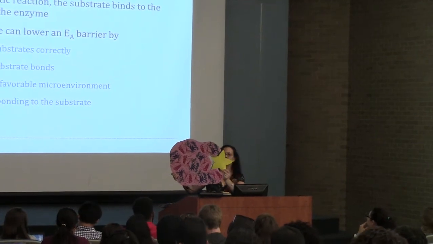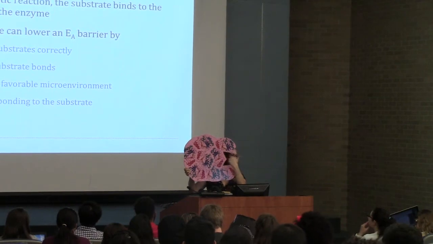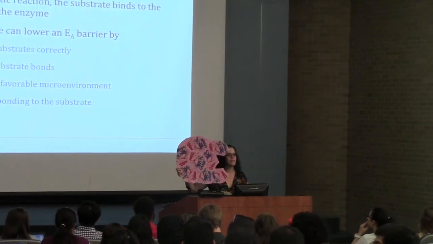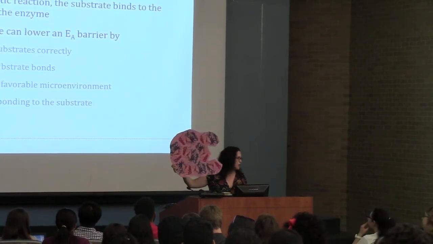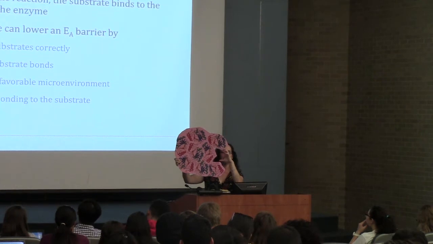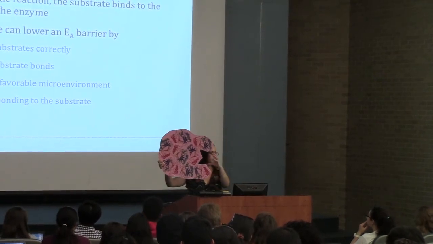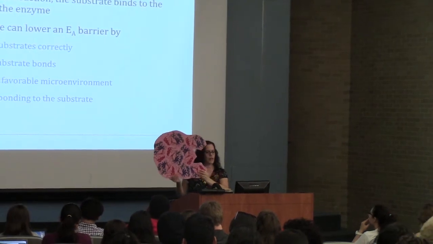So what happens is once the substrate binds here, guess what kinds of amino acids are here? Guess. Amino acids that have acidic side chains, right? So they are creating this acidic pocket that allows the reaction to occur properly, okay?